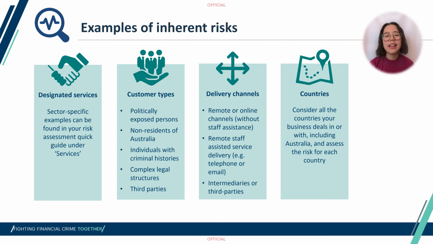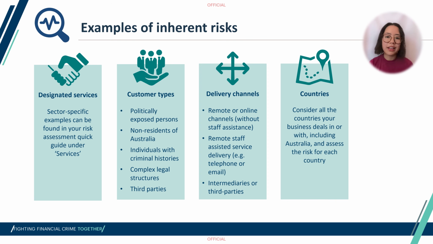For countries, it's very important that as part of step 1, identifying inherent risk, you list all countries that your business deals in or with when you provide designated services, including Australia. As part of this, we expect you to include countries you or your customer deal in or with when you provide designated services, countries your customer is a resident of if they're an individual, and for body corporates and legal arrangements, countries your customer is registered or incorporated in.